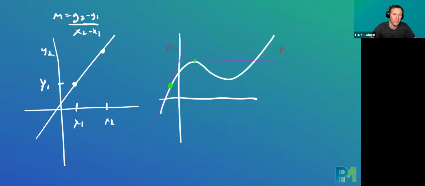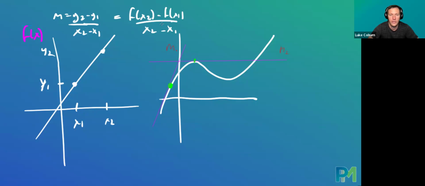Now, because we're short on time, I'm not going to prove this, but I can write it as f of x2 minus f of x1 over x2 minus x1. If I now interchange, instead of calling it the y-axis, I call it the f of x-axis, then instead of having y1 and y2, I could have f of x2 and f of x1.